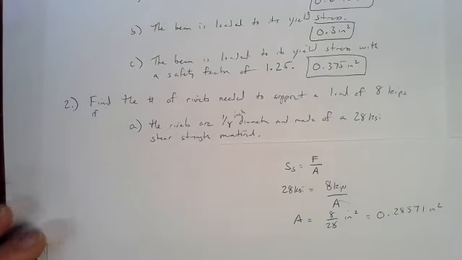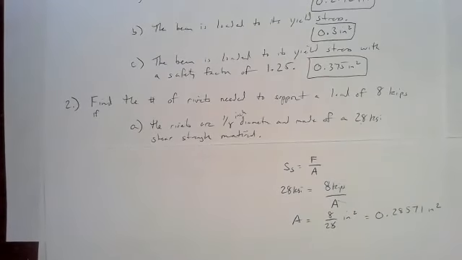But we're not done yet. We can't stop there. The problem wasn't how much area of 2117 aluminum do we need to prevent this connection from shearing. We need to know how many rivets we need at a minimum. Rivets have to be a whole number of rivets. So we have to figure out what the area is from one rivet and then divide that into the area we need. And that'll tell us how many rivets in total we'll need at a minimum. And if there's any fractional rivet, we have to go 1 rivet higher.